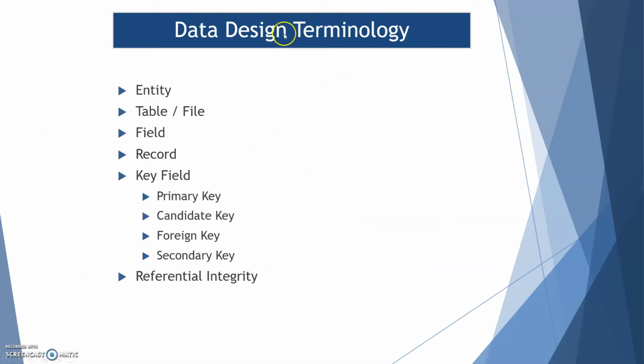Next we have the data design terminology. First one is entity. As you all know, an entity is a person, place, thing, or event for which data is collected and maintained.